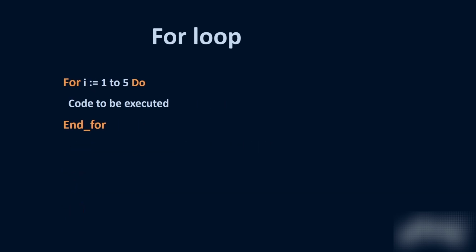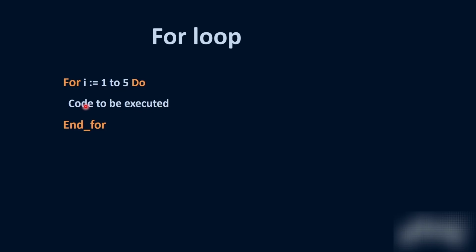Another control structure is the for loop. The if statement tells our PLC to execute code when a condition is satisfied. So that is the when. But the for loop is mostly about the number of times. For example, we have a variable, and we give a starting point and an ending point. In this case, the variable I will go from 1 to 5.